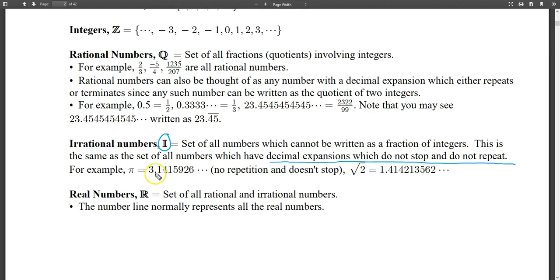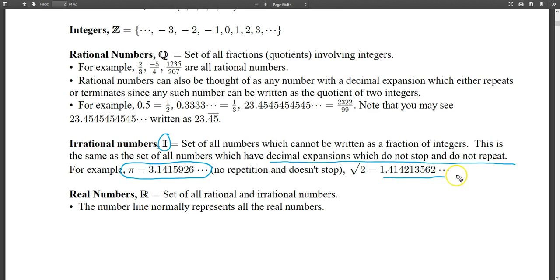The most famous irrational number is probably pi, 3.1415926, and it just keeps going. The decimal expansion never repeats and it never stops. Another one would be the square root of 2. Square root of 2 is 1.4142135562, and it just keeps going.